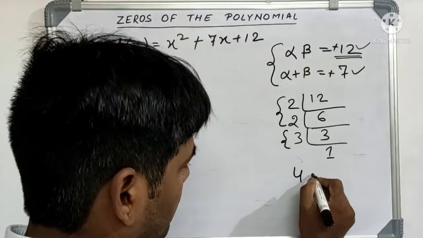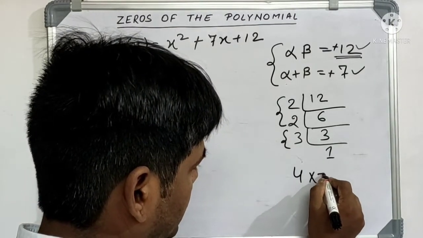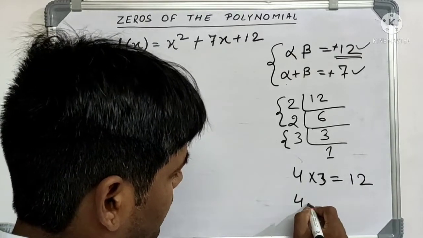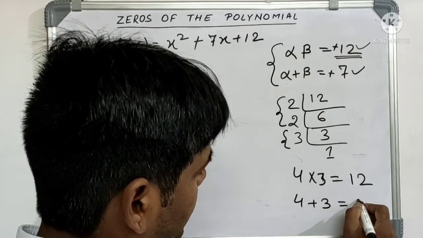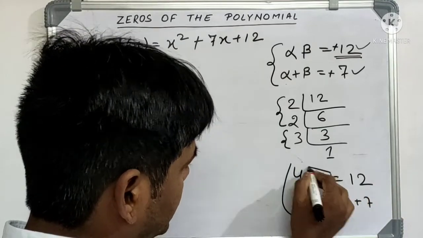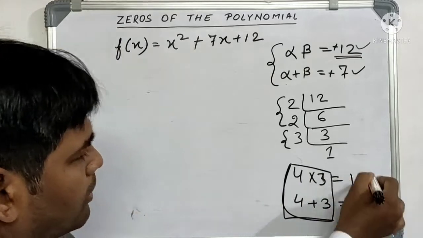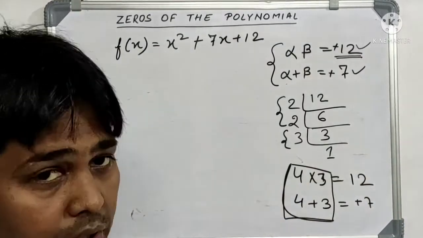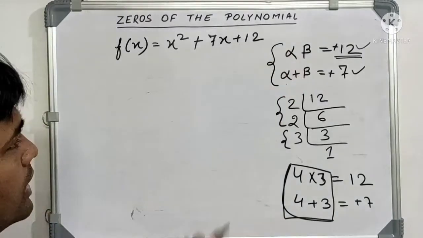So 4 multiplied by 3 will give you a 12, that is positive, and when 4 gets added with 3 you will get a positive 7. So by taking this combination we are able to find out the product as well as the sum, that is represented in the form of 7 as in the equation.